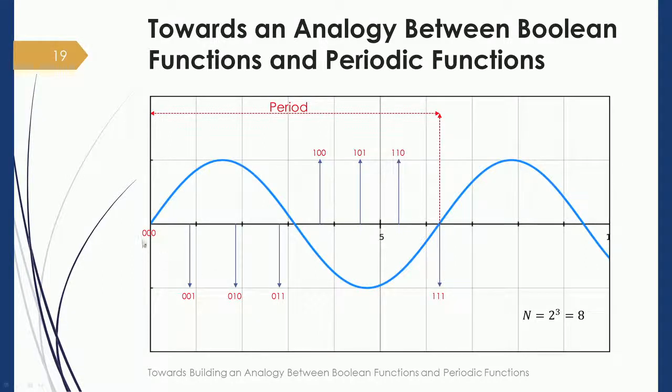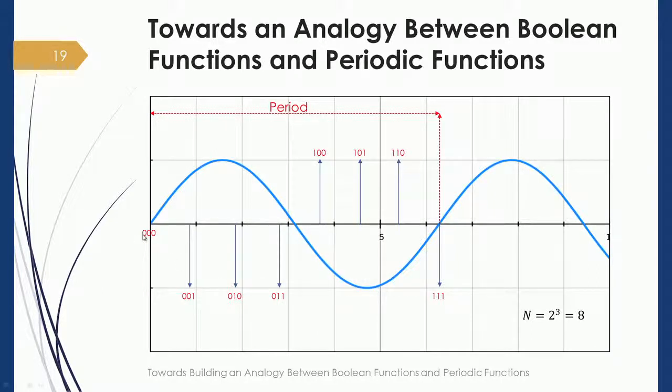So, each of the sampled points taken in sequence can be denoted by the index 0, 1, 2, 3, 4 and so on up to N minus 1.